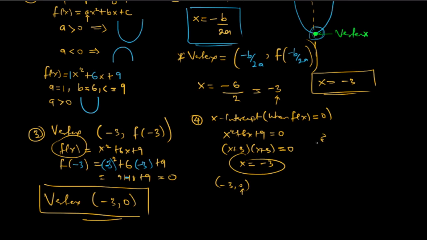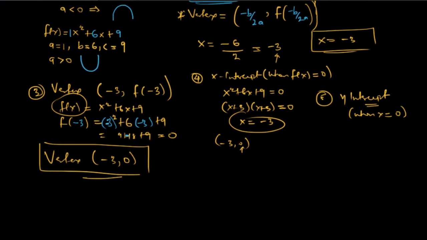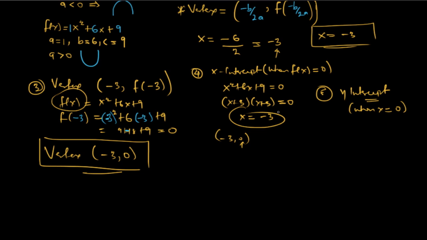And then lastly, the y-intercept. So we said the y-intercept is the value of y when x equals 0. So let's go ahead and find that. So when x equals 0, so write our f of x again, f of x equals x squared plus 6x plus 9.